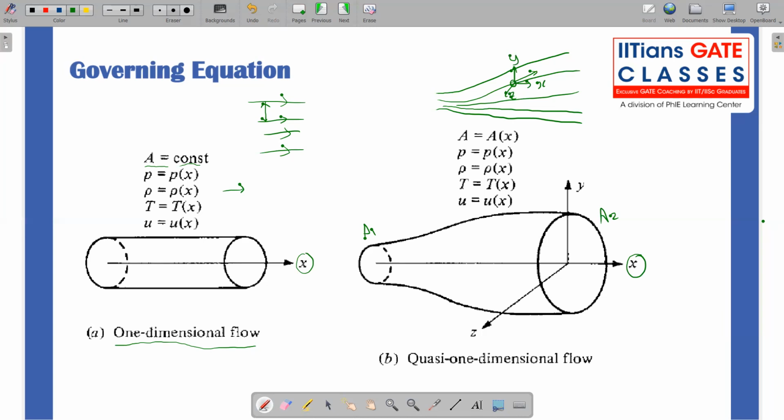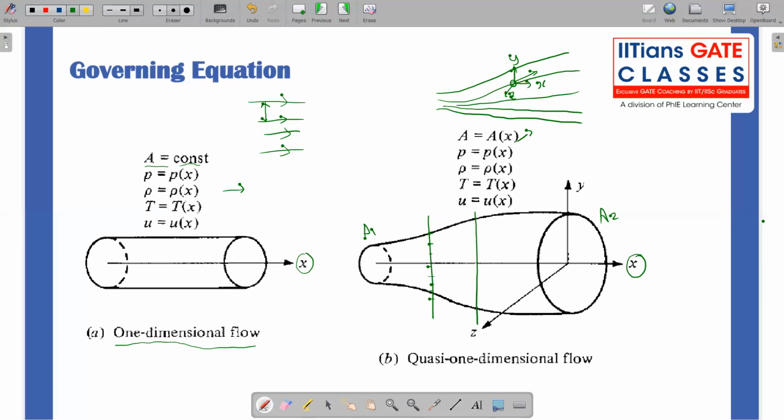So we are treating it as a function of x alone. That means area is changing in x direction. Similarly, any properties taken at any cross section in the x direction are going to be uniform. That means if I take pressure, density, temperature, or velocity at a given x location, it is going to be constant. So that is a uniform flow. This is the assumption we are going to impose.